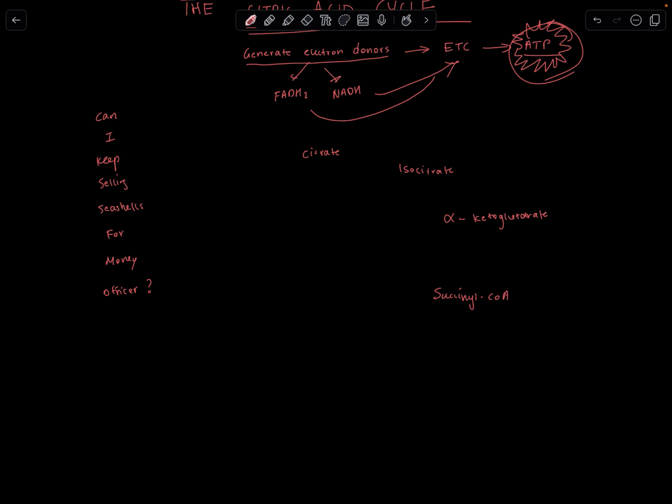And the seashells, there's another S that is going to be for succinate. The F is going to be for fumarate. The money, the M is going to be for malate. And the O in officer is going to be for oxaloacetate, or OAA. And of course it's a cycle.